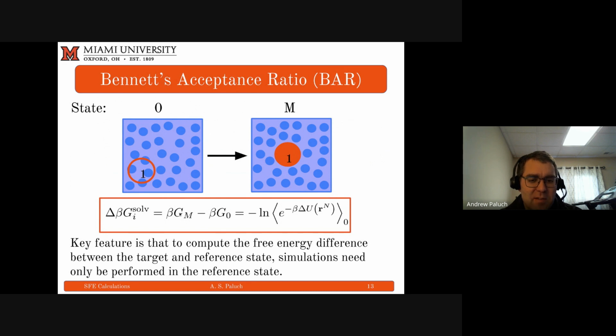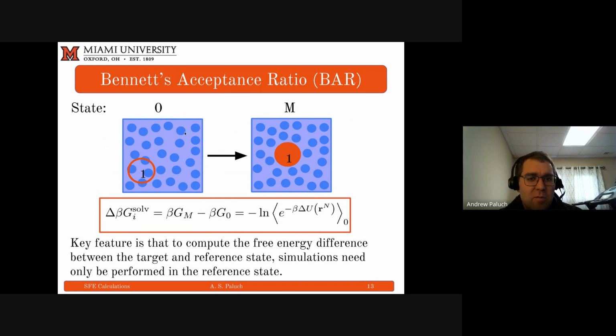So I could set up this equation so that I perform simulations in state zero and use that to estimate my configurational integral in state M. Or equivalently, I could set up a simulation in state M and use that to estimate the configurational integral of state zero. But the key is, if I'm trying to compute the free energy difference between two states, I need only perform a simulation in one of those states.